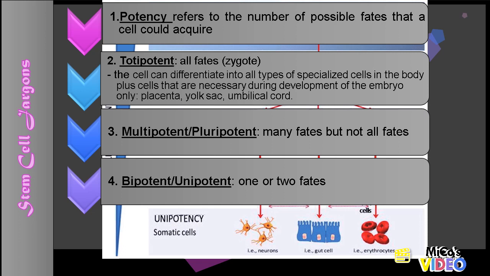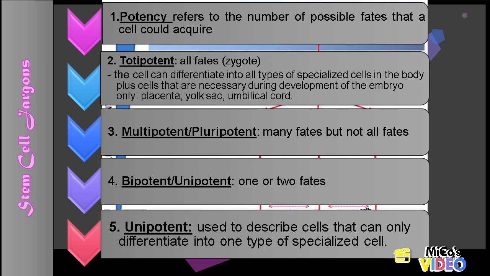There are also terminologies such as pluripotent and multipotent that are used by scientists to aid them in describing stem cells. Some stem cells can make more kinds of specialized cells than others. Though all stem cells can both self-renew and differentiate, the term pluripotent means that the cell can differentiate into all types of specialized cells in the body, plus cells that are necessary during development of the embryo only, such as the placenta, yolk sac, and umbilical cord.